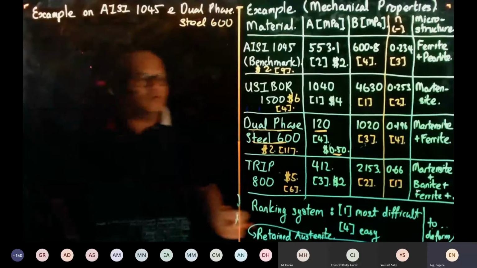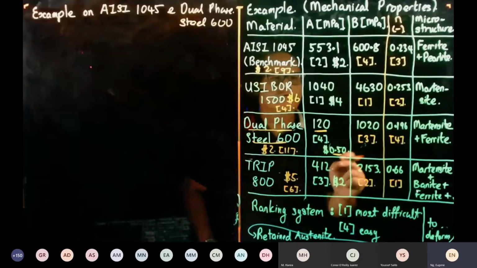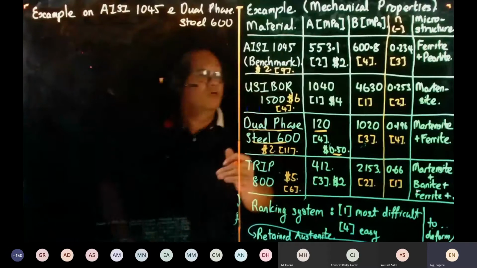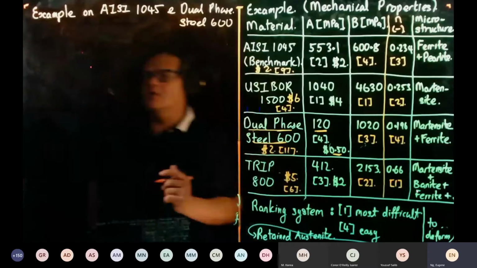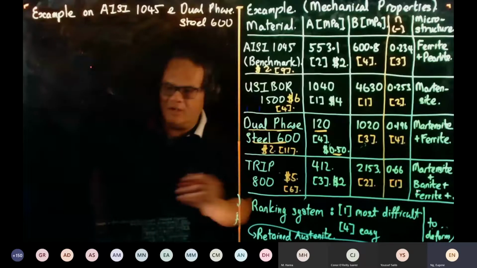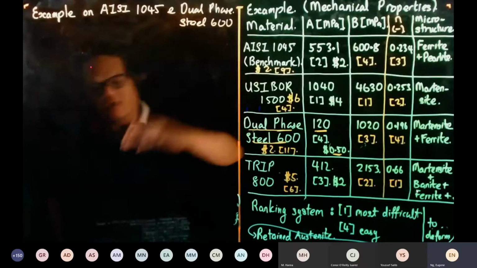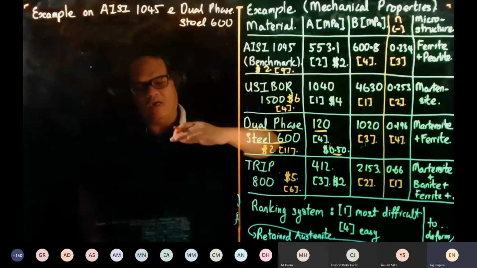Okay, so I'm going to sketch the behavior. As I said, this is just a sketch, the behavior of dual phase steel and AISI 1045. So currently we're just going to look at room temperature. Later on, we start adding on. We look at higher temperature, then we also start looking at higher strain rate.